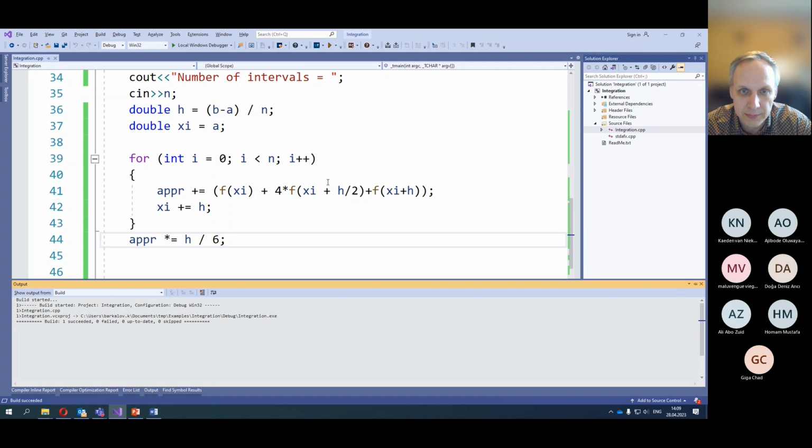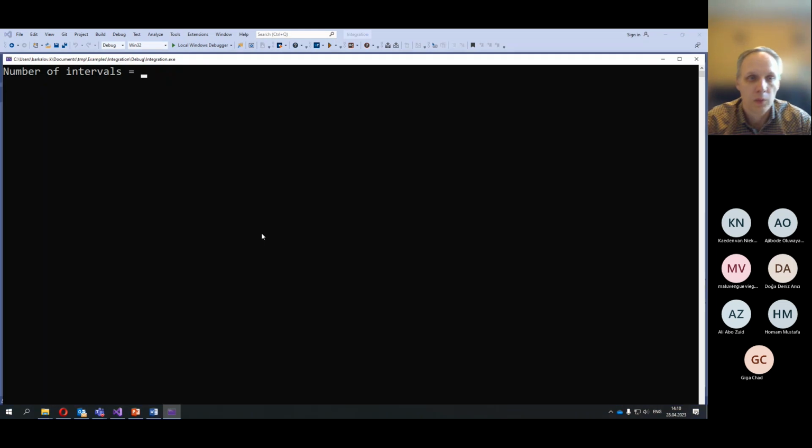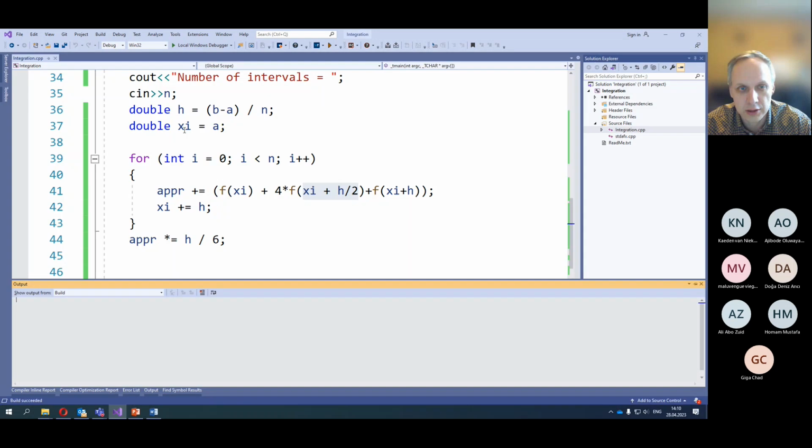So in our example, I should use h over 2, and I'll get this result. When I select 10 points, the error has order 10 power minus 8.